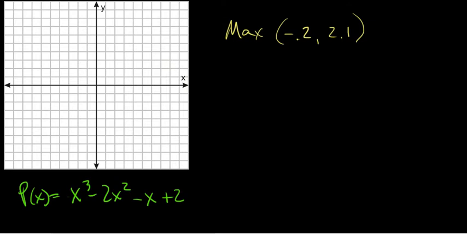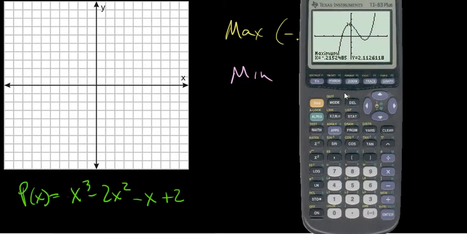Now I have a min as well. Let's see where that min is. Again, I go second calc, and this time I hit 3 for minimum. I set a left boundary somewhere to the left of that minimum point, and a right boundary somewhere to the right, by hitting enter.